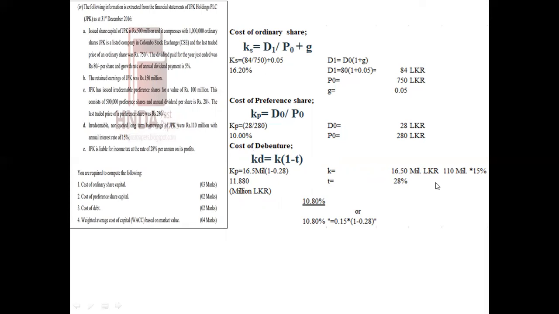If the value of our borrowings is 110 million, please follow the mouse pointer, 110 million into 15%, then we can calculate the interest expenses as 16.5 million. 110 into 15, that is 16.5 million, we can use that. Then 1 minus t can be adjusted. After the tax adjustment, the net impact will be 11.88 million, because the tax expense is going to reduce when interest expenses increase.